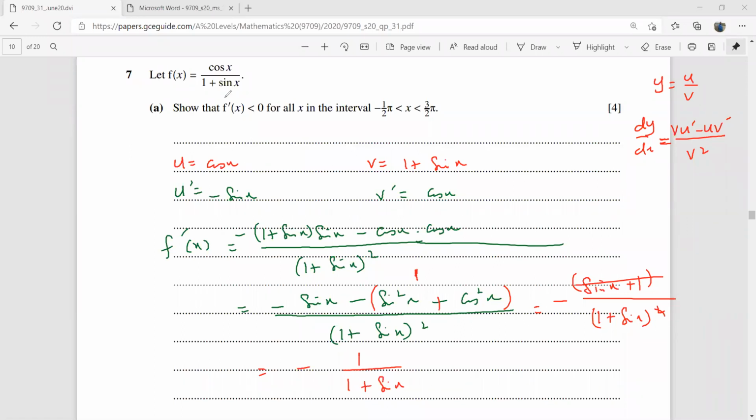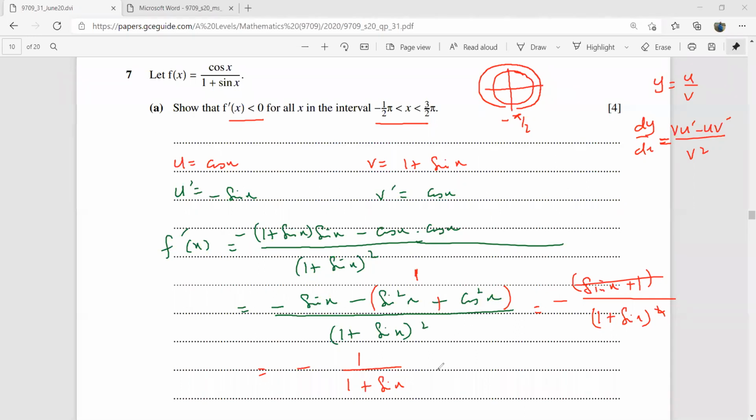Now he says, show that f dash of x is negative for these values, okay? Let me show you where we are, what quadrants these are. Here it is minus pi by 2, and when you go from this to this to this, this is from minus pi by 2 to 3 pi by 2.